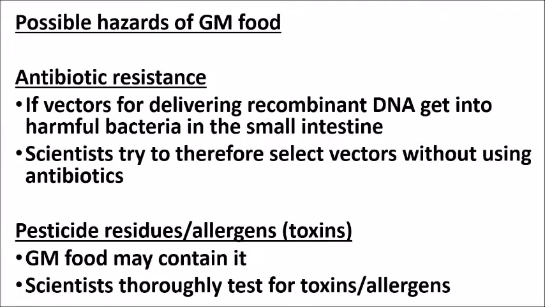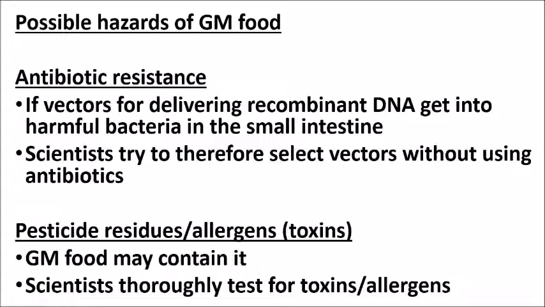However, there are hazards of GM food. One of them is antibiotic resistance. Imagine you were using a vector for antibiotic resistance, and whilst delivering the recombinant DNA, so that DNA that has two types of DNA in the strand, if they were to get into harmful bacteria in the small intestine, that bacteria could become resistant to an antibiotic.